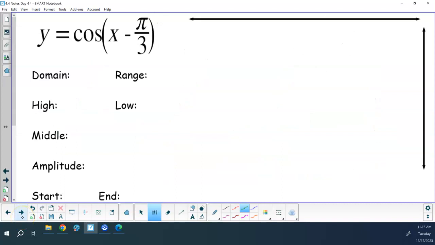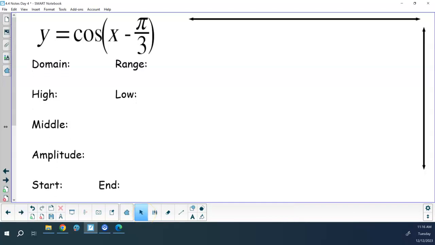Here we go. Okay? So we've got y equals the cosine of x minus pi over 3. Domain, all real numbers. Love it. Middle, 0. Amplitude, 1.